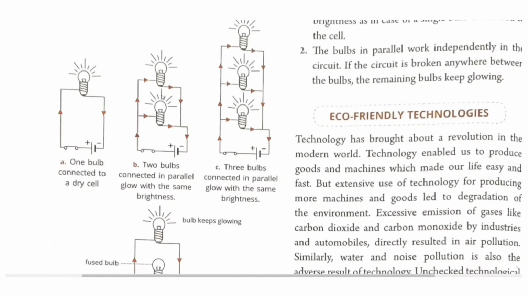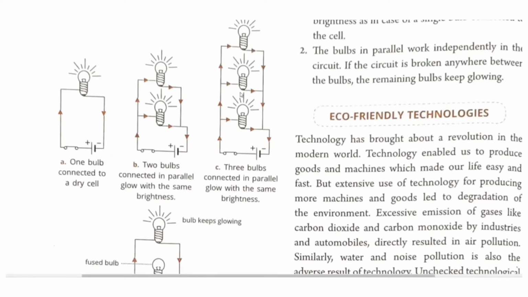For this reason, both the bulbs are glowing with the same brightness. And in this circuit, if another bulb is connected the same way, means the two terminals of the third bulb are connected directly to the two terminals of the cell, then not only the third bulb, all the three bulbs will glow with the same brightness.